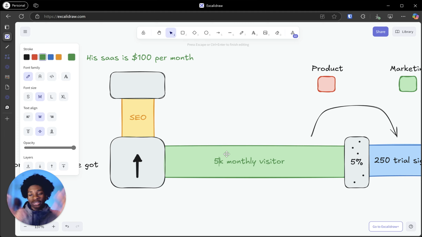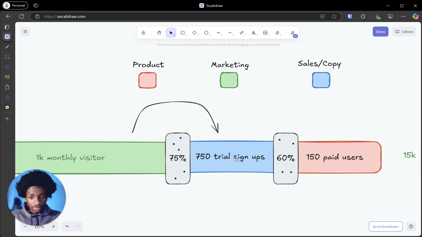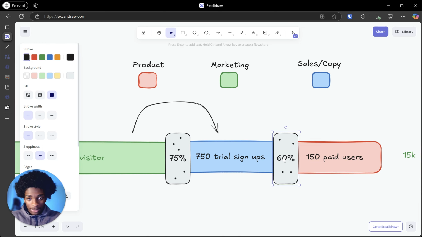So let's say, hypothetically, this is how SEO worked. He deleted all the old posts, started posting super niche-specific content, and only got 1K visitors per month from that. But that 1K converts at a 75% trial signup rate. 75% of them sign up for trials. That means he's already increasing his trial signups by 500, which is crazy. And then once again, that trickles down.